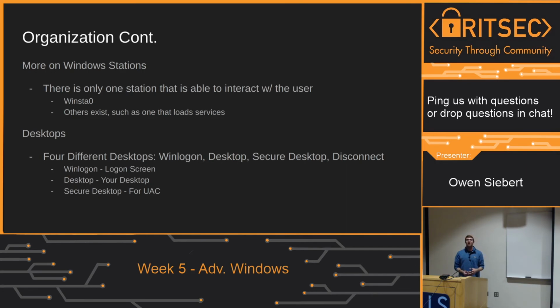It's a lot harder to just open that process versus if it was in your regular user's desktop. And then obviously your desktop, which is what you see when you log in, and the logon screen, which is actually in session 0, I believe.